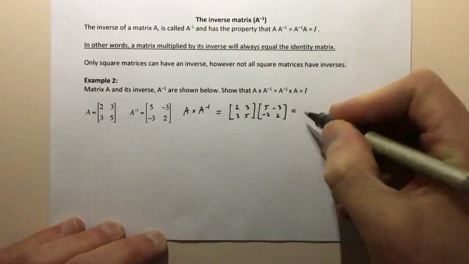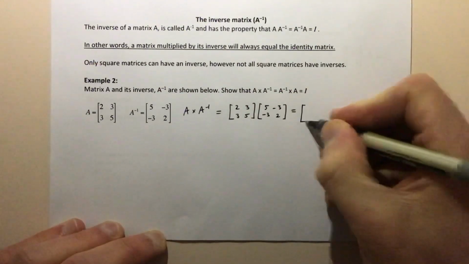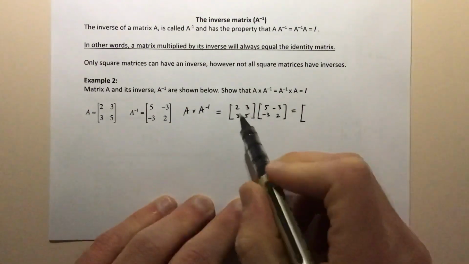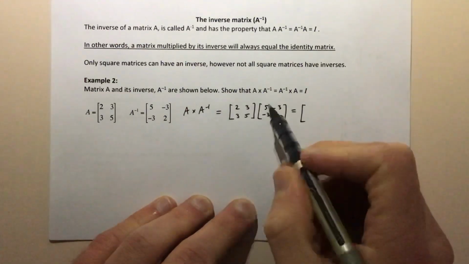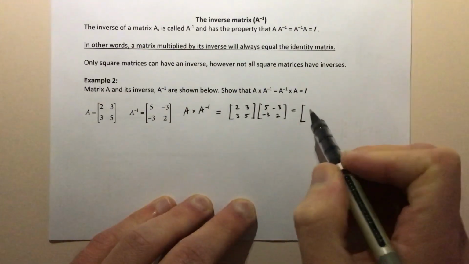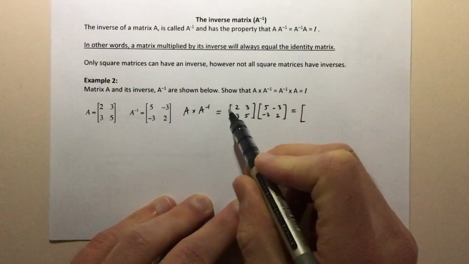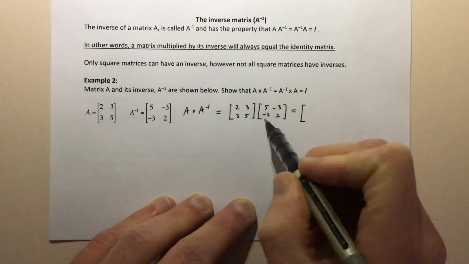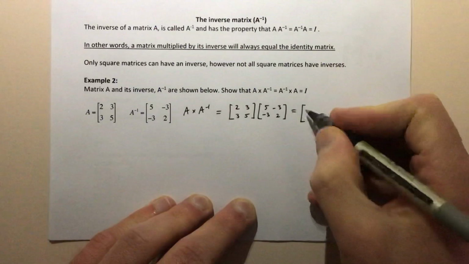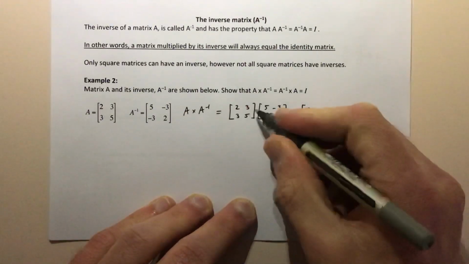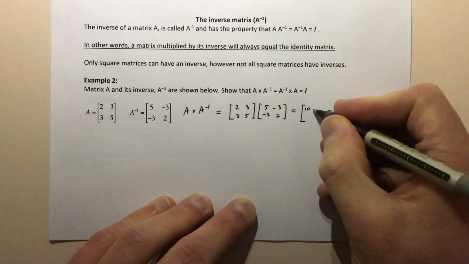I'm writing pretty small here because matrix multiplication will take up a fair bit of space. So this is just a good recap of going across the rows and down the columns. For our first element, first row, first column, we're going to do across the first row, then down the first column. So 2 times 5, which gives me 10, plus 3 times -3, so that gives me plus -9.